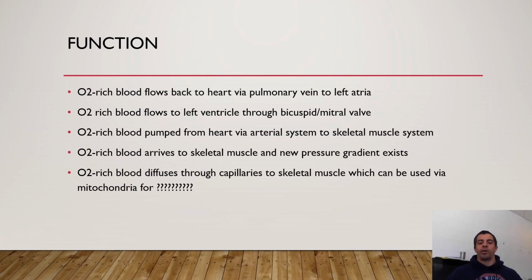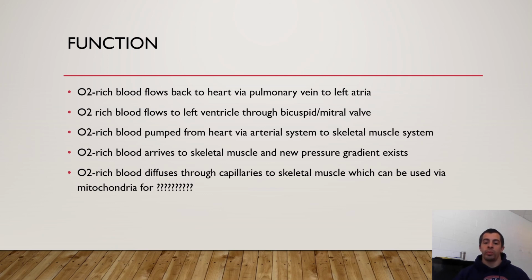So here's a hierarchy of events. After blood goes to the lungs, comes back to the heart, is at the left atria, then it has to be pumped through the bicuspid valve to the left ventricle. From the left ventricle, you've got your O2 rich blood that is pumped to the arteries and the skeletal system.